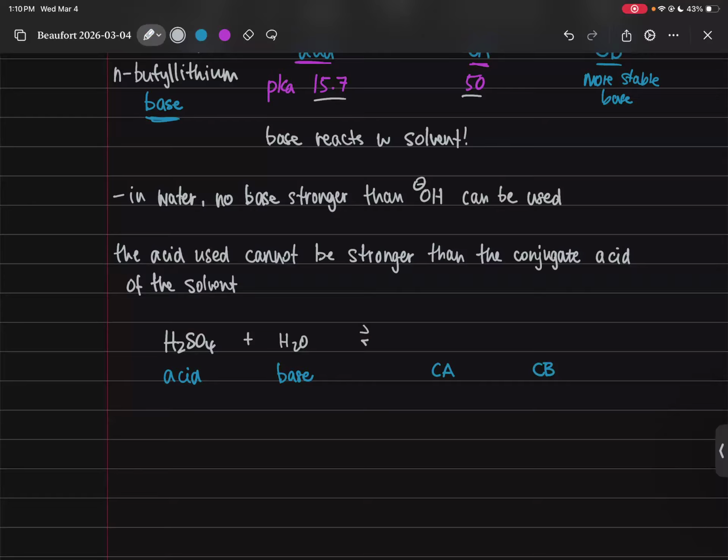So we'll have a conjugate acid and a conjugate base. And don't be scared by the fact that these are inorganic instead of organic. The rules for Bronsted-Lowry acids and bases are still the same. An acid is a proton donor and a base is a proton acceptor. Well, these should be backwards, sorry.